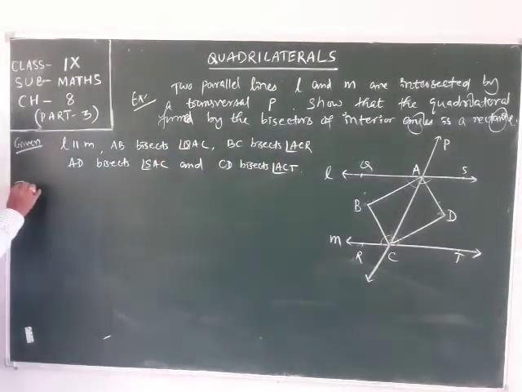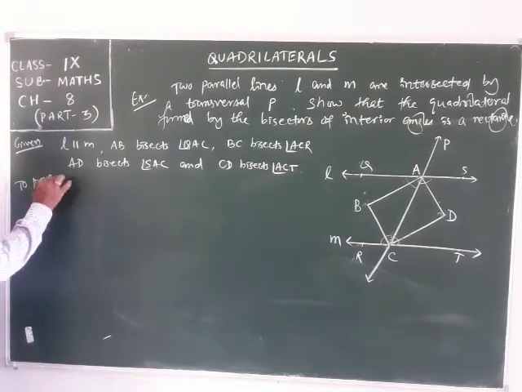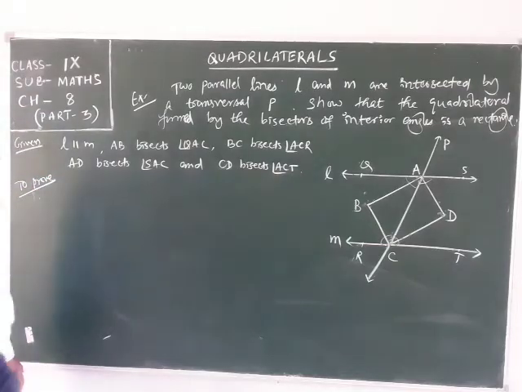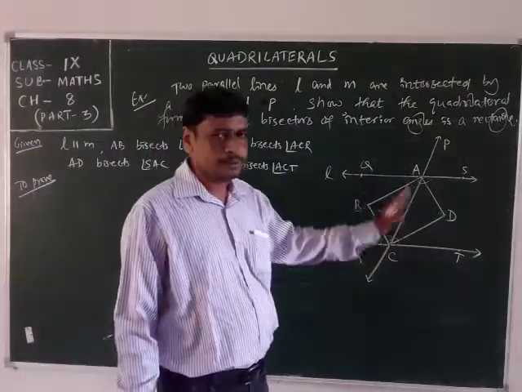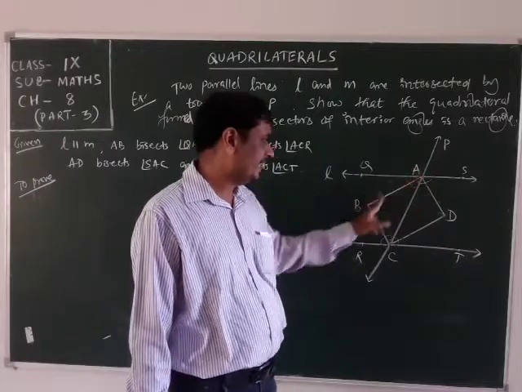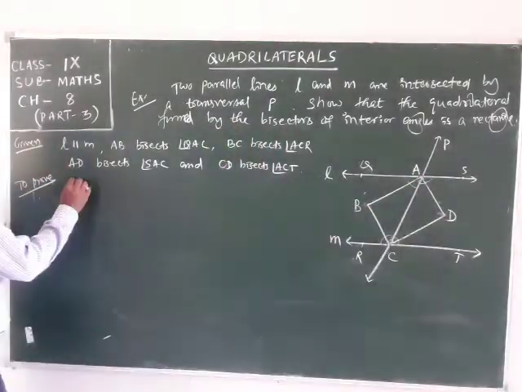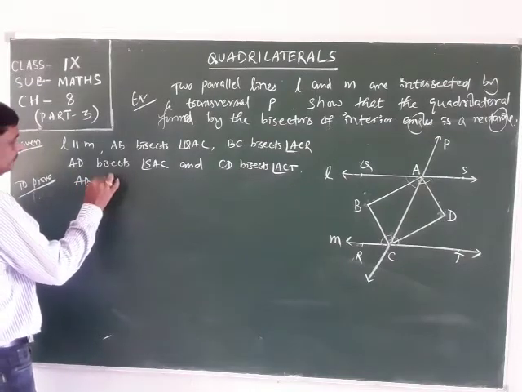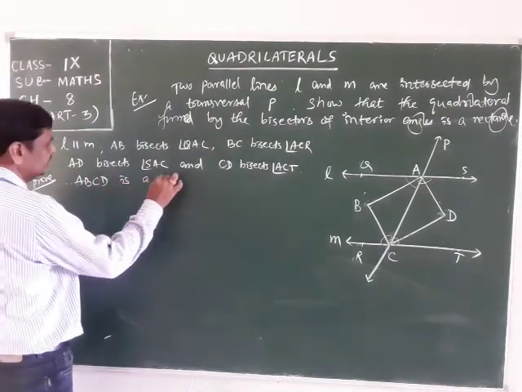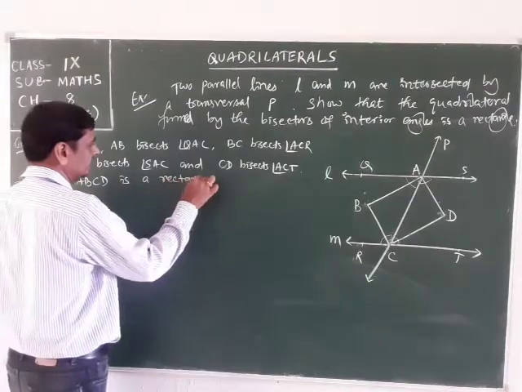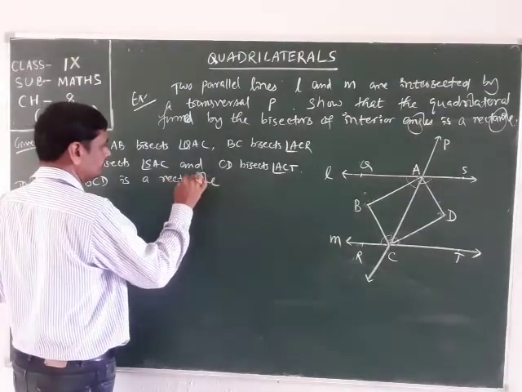Next, the proof. We have to show that the figure formed by these bisectors, ABCD, is a rectangle.